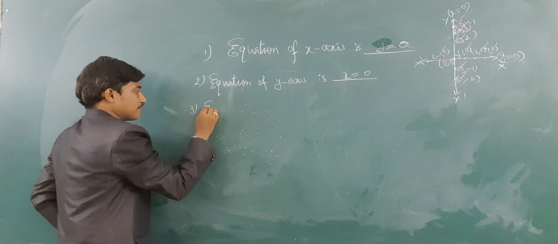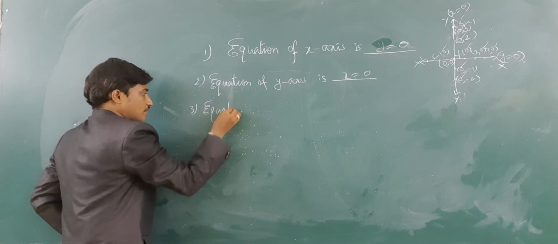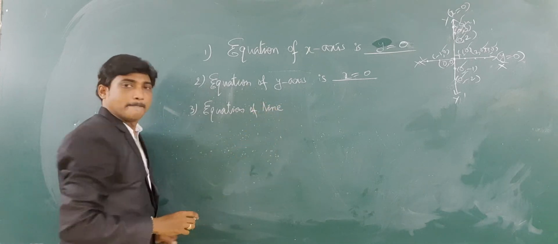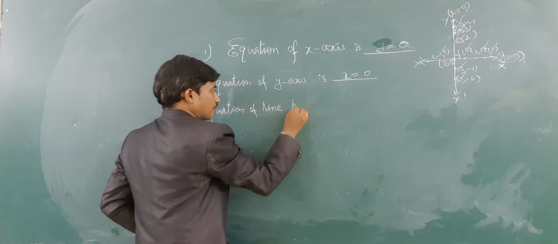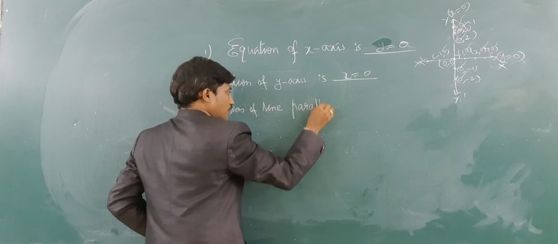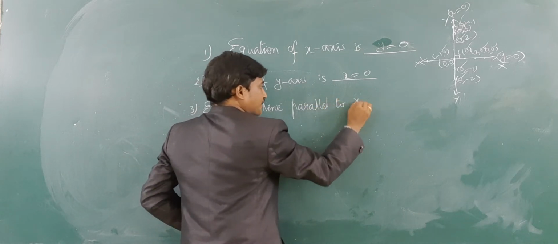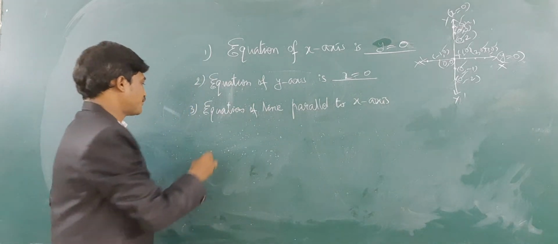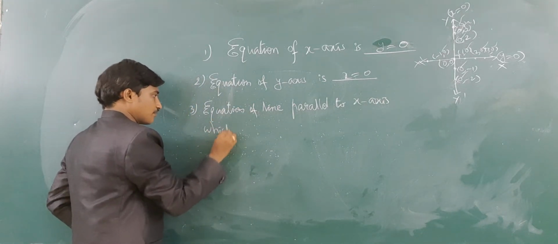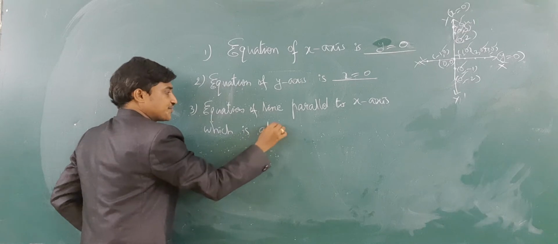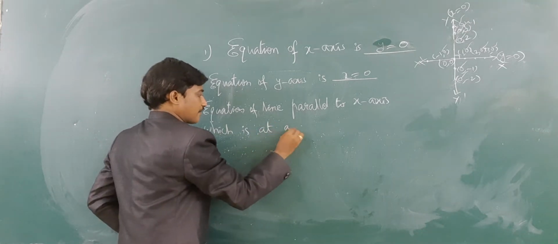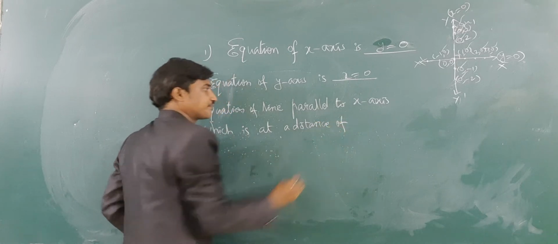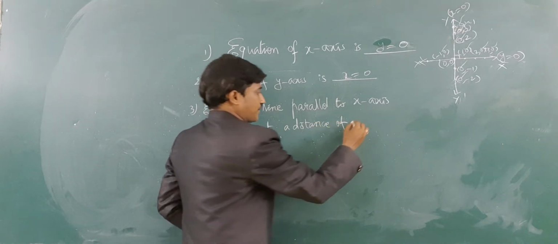Equation of line parallel to x-axis which is at a distance of 3 units from it.